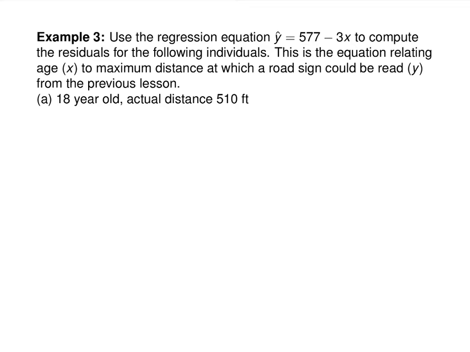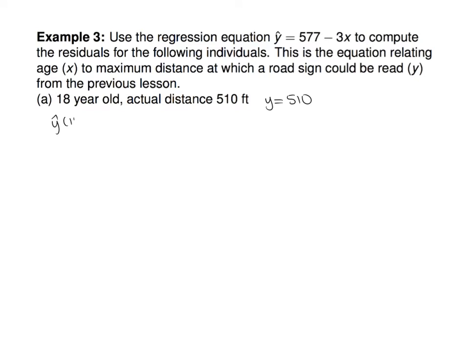So use the regression equation y hat is 577 minus 3x to compute the residuals for the following individuals. This is the equation relating age to maximum distance at which a road sign could be read from the previous lesson. So we have an 18-year-old, and the actual distance they can see is 510. So we know y is equal to 510. We need to find y hat.